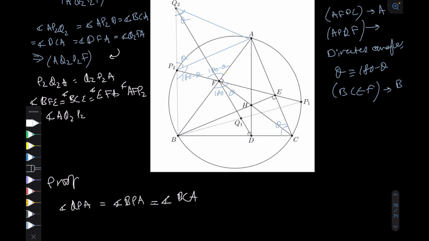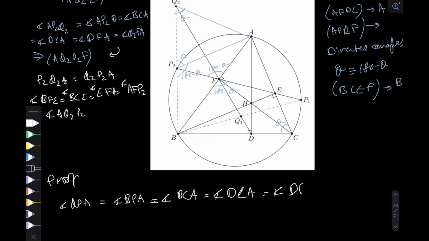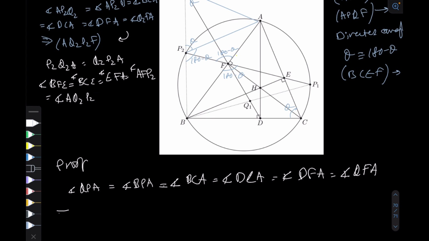We arrive at BCA, then we can say that this is equal to the directed angle DCA, which according to the fact that CDFA is a cyclic quadrilateral, we can say is the same as DFA, which then we can finally conclude is the same as QFA. So at this point we have reached the conclusion that all of this implies that AFPQ is cyclic.